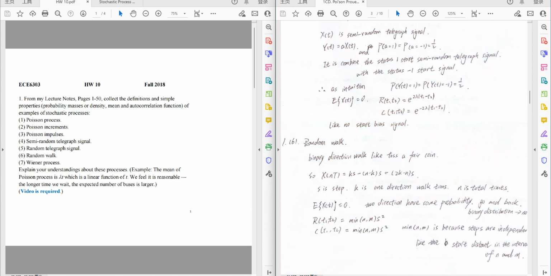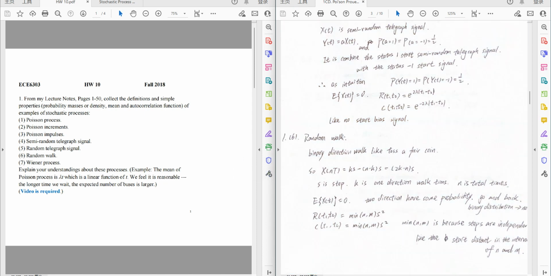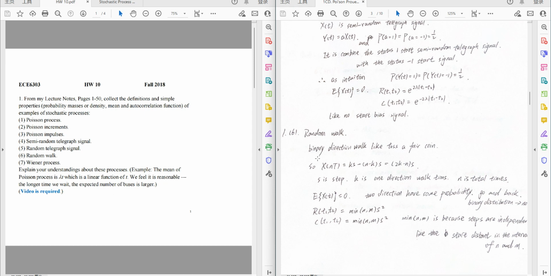And the sixth is the random walk. Random walk is just like we think about a person on a binary direction walk, like tossing a fair coin. You can go a step forward and a step back, each with half probability. So we can get the definition that X can be this, with s the step, k the number of walks in one direction, maybe the positive direction, and n the total number of times.